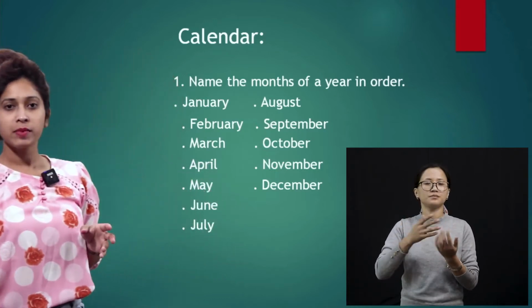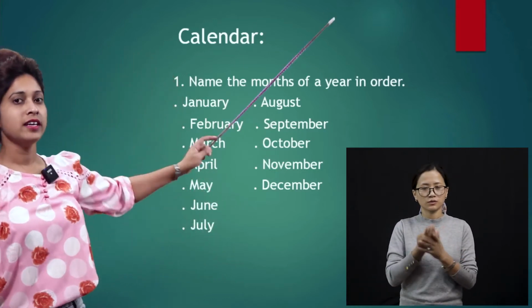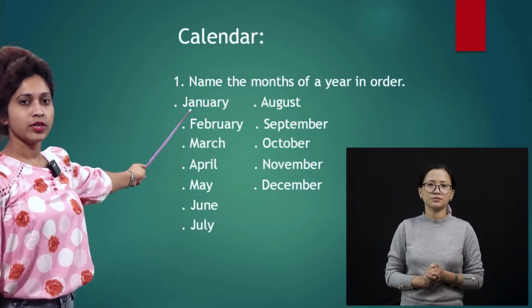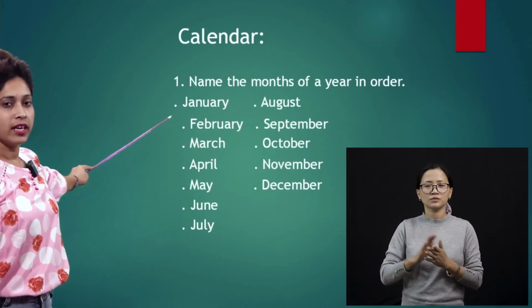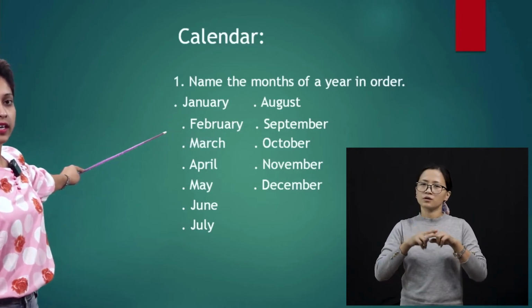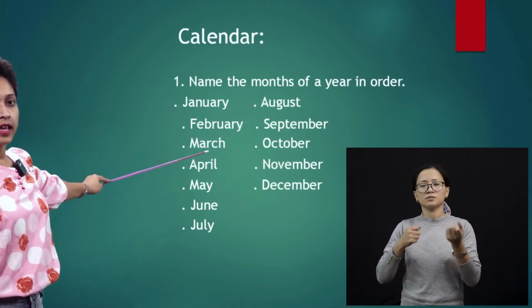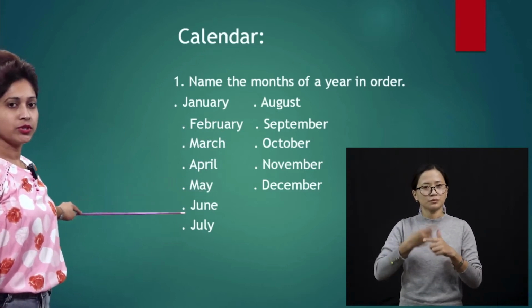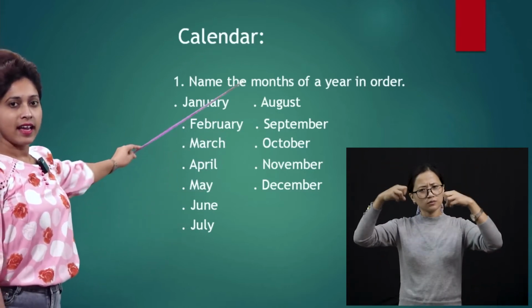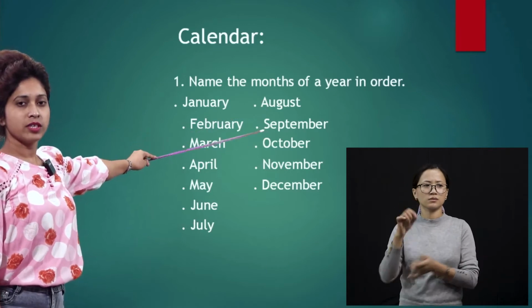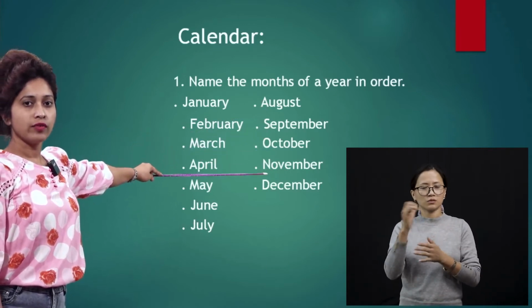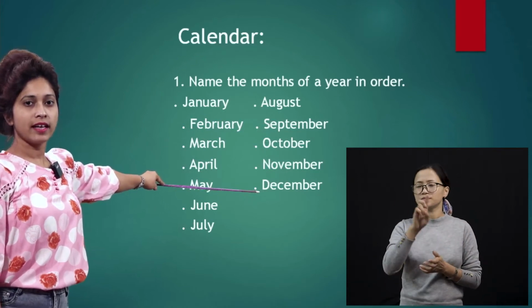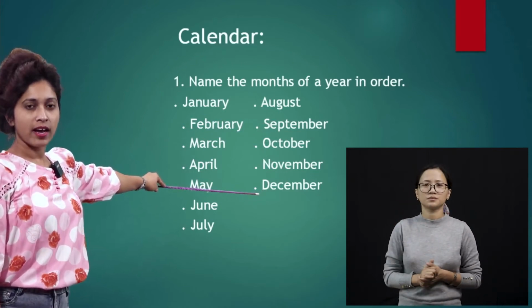So the first month of the year is, children, January, right? Okay, let's read together. January, then we have February, then March, then April, then May, then you have June, July, then August, you have September, October, November, and finally we have the 12th month of the year, that is December, right?